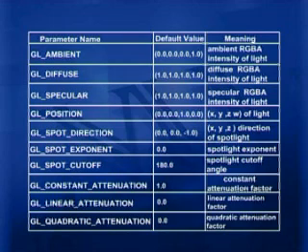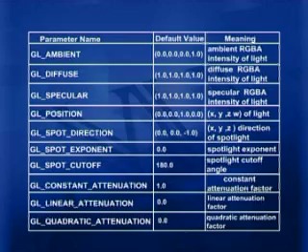Then GL_POSITION, GL_SPOT_DIRECTION, GL_SPOT_EXPONENT, GL_SPOT_CUTOFF. These are now of course relating to a specific type of light, the spotlight. GL_CONSTANT_ATTENUATION, GL_LINEAR_ATTENUATION, and GL_QUADRATIC_ATTENUATION. Their default values are given and their meanings are given in the table. The nomenclature is such that it also makes sense.